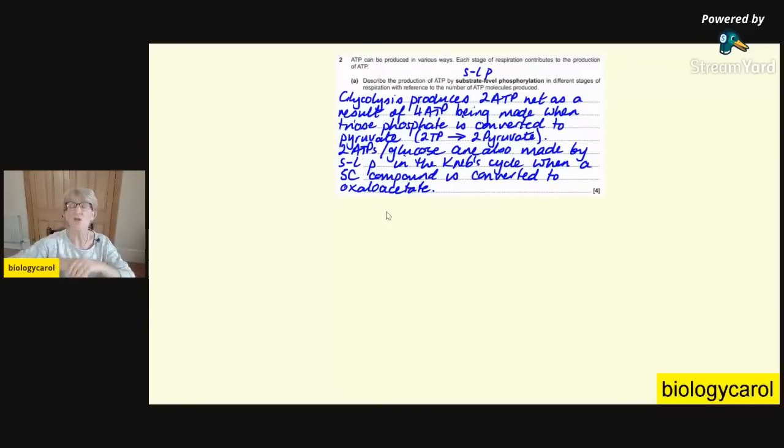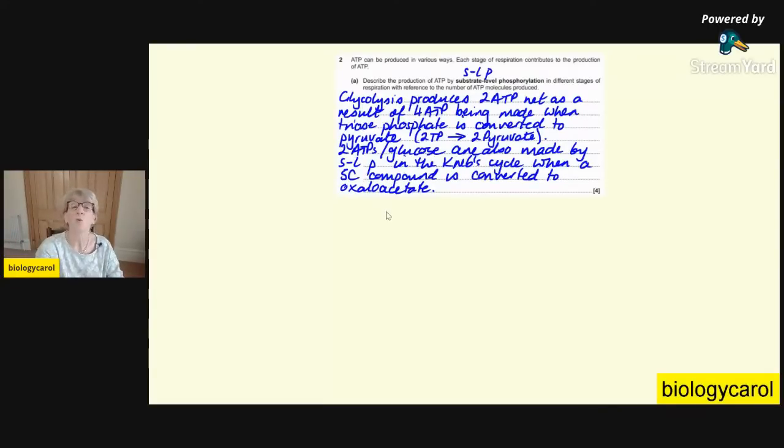So from pyruvate onwards, all the numbers of things that are produced have to be times by 2. So 1 ATP molecule per Krebs cycle, 2 ATP molecules per molecule of glucose.